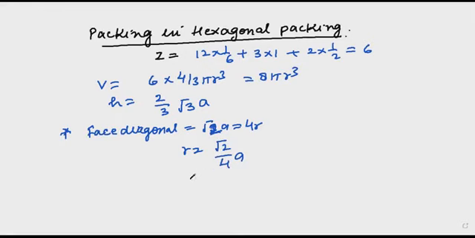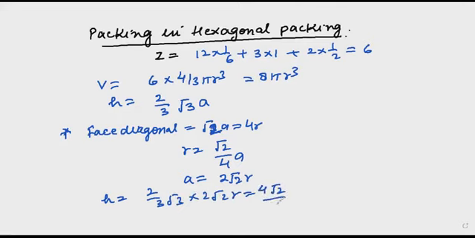So this value is equal to 2 root 2 r. So height is equal to 2 by 3 root 3 into 2 root 2 r. Clear? So this is 4 root 2 upon root 3 r.